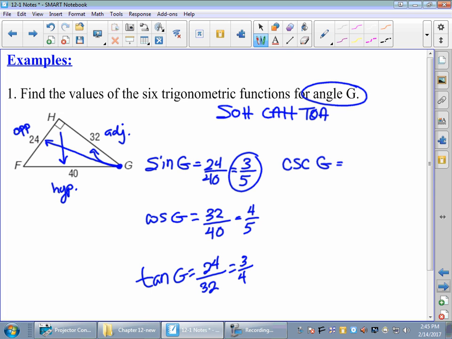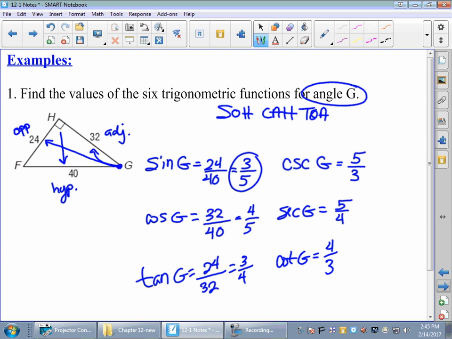So I just have to flip that. I might as well take 5/3. Rather than going back to the original triangle, I might as well use the simplified work. So that means that secant G is 5/4, and cotangent G is 4/3.